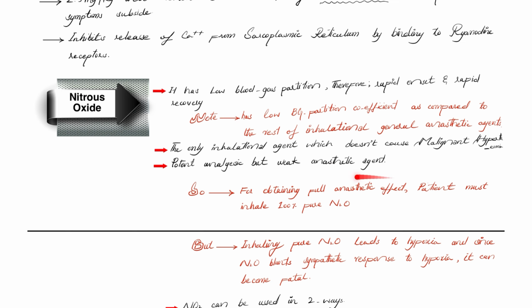For obtaining full anesthetic effect, the patient must inhale 100% pure nitrous oxide. It means inhaling pure nitrous oxide leads to hypoxia because you give the patient 100% nitrous oxide without oxygen. Since nitrous oxide blunts the sympathetic response to hypoxia, tachypnea or tachycardia do not appear, and this can be life-threatening.